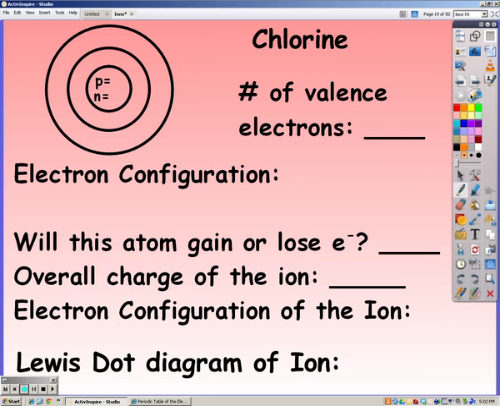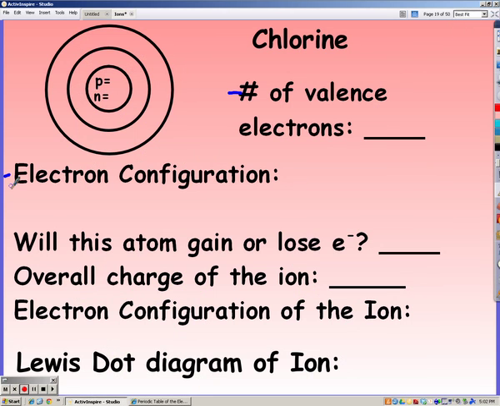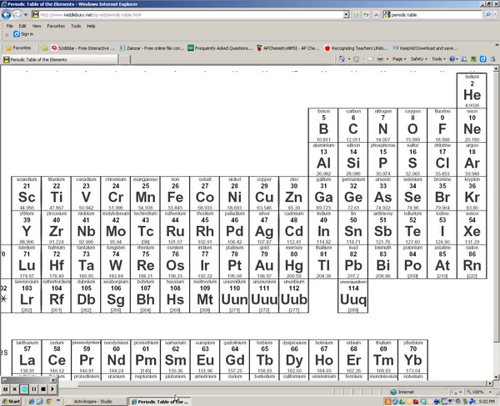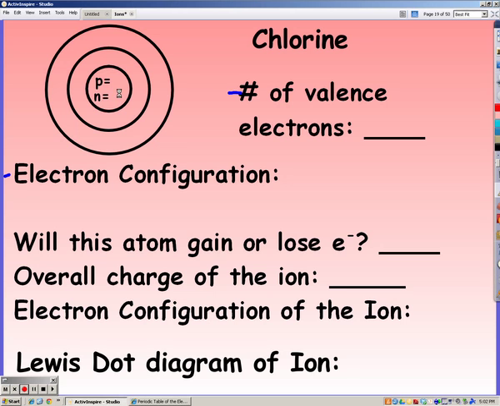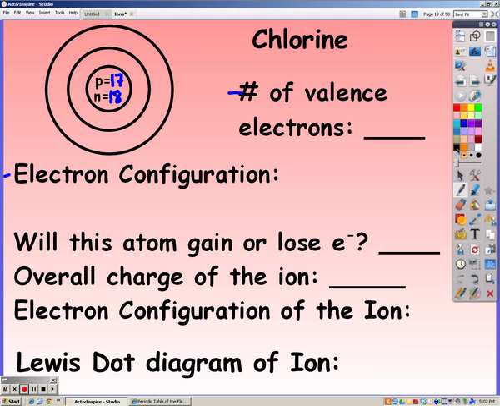Go ahead and do your Bohr model, valence electrons, and electron configuration for chlorine. Restart when you have your answer. So looking on the periodic table, chlorine has an atomic number of 17, mass of 35. So we get 17 protons, 18 neutrons.